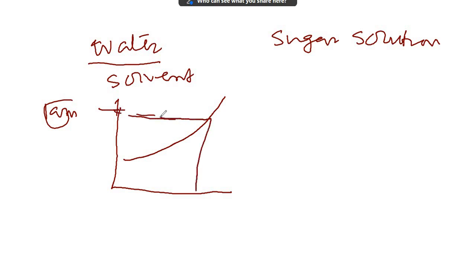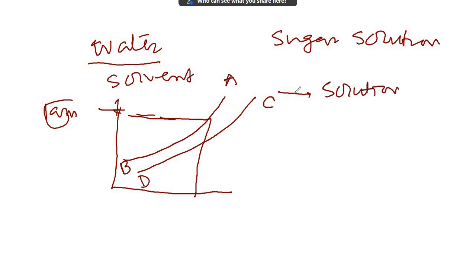Now suppose this is the solvent line and this is the solution line. AB stands for the solvent line, CD stands for the solution line. From the graph, it is evident that the solution has a lower vapor pressure than the solvent.